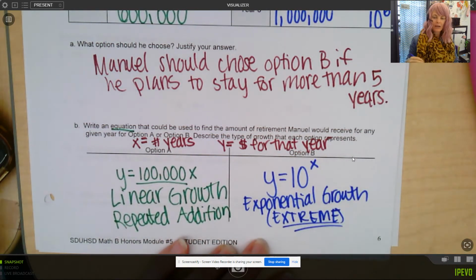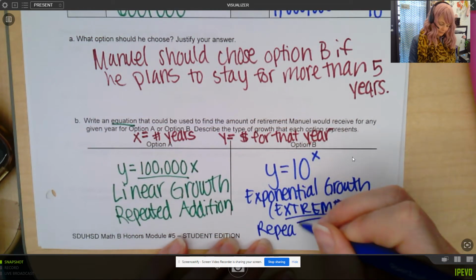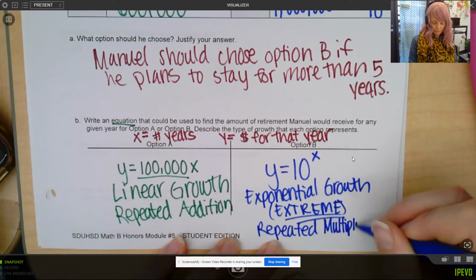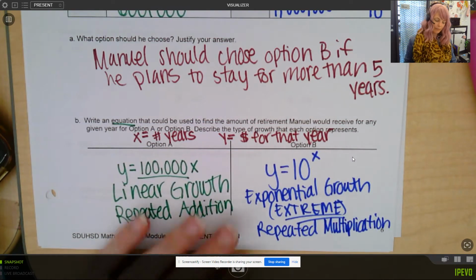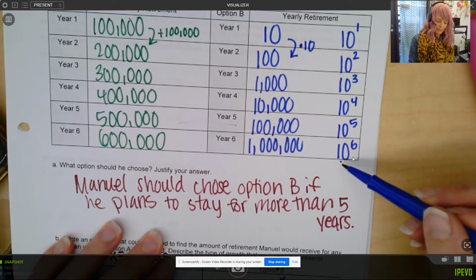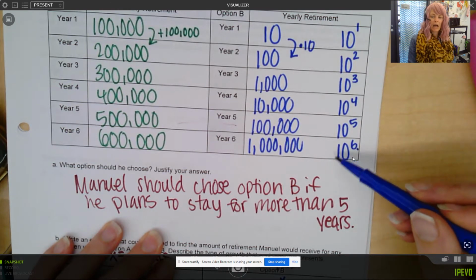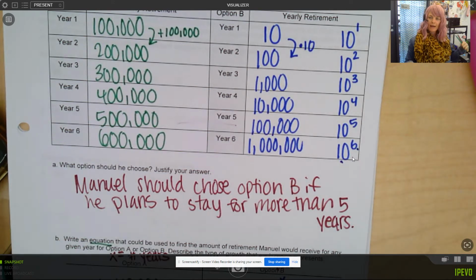And the way we grow in this model is repeated multiplication. And that's where we get exponents from. So exponents have a base and an exponent, and the exponent tells you how many times you're multiplying the base number by itself. So look up high, that exponent's how many times you multiply.